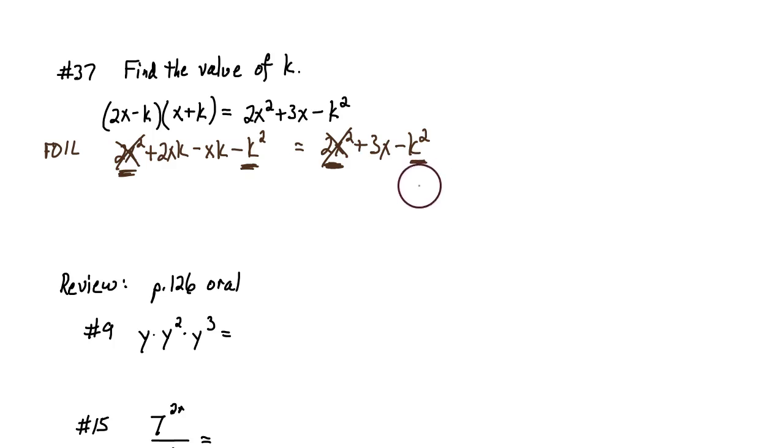If you add k squared, those will cancel each other away. On the left side, we have like terms. Let's combine them. 2xk minus 1xk makes 1xk. And that's equal to 3x. Let's get k alone by dividing away the x that's in front of the k. We get k equals 3.